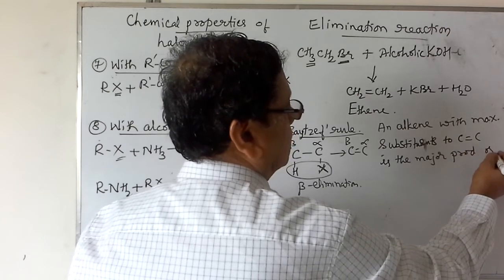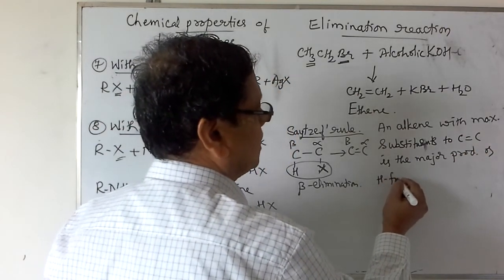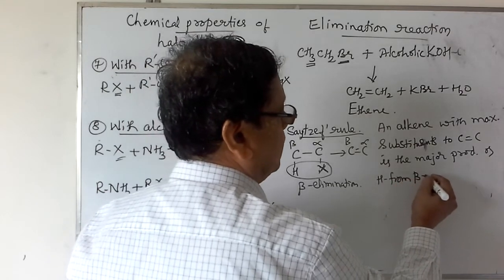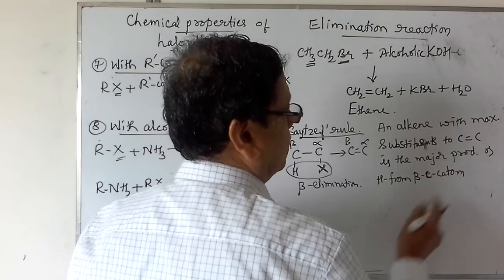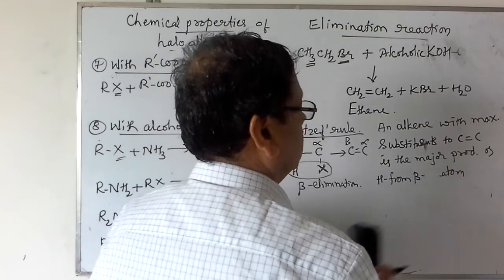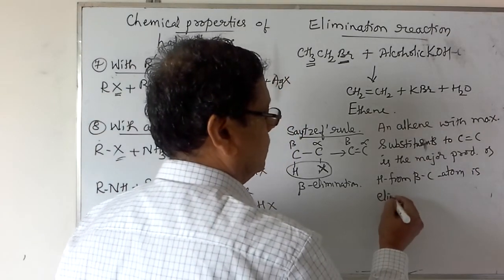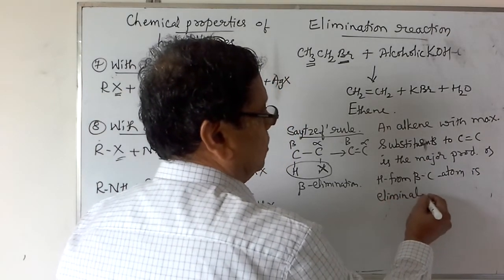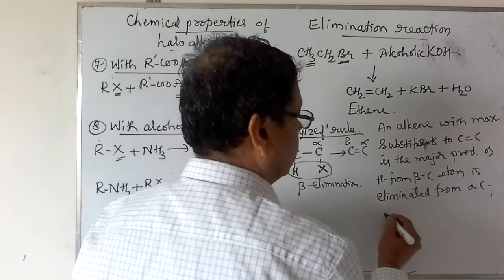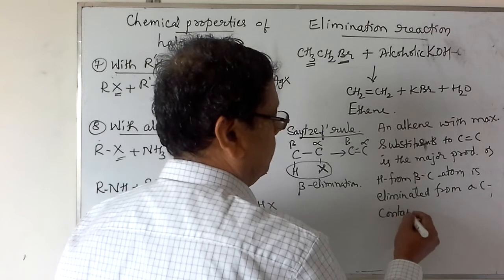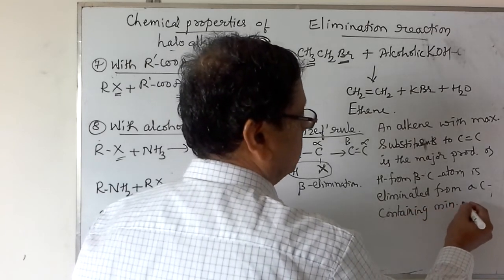Or we can say hydrogen from the beta carbon atom is eliminated from the carbon containing the minimum number of hydrogen atoms.